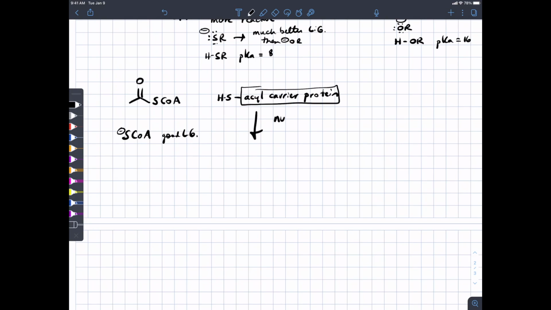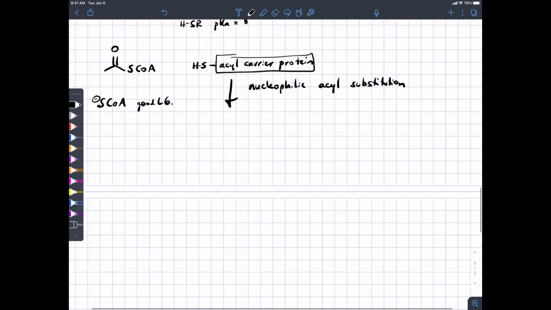This is nucleophilic acyl substitution, and I think problem 1 on your exam asked you to deal with the mechanism for this. I won't draw that mechanism in currently, and I'll use ACP to represent the acyl carrier protein. But the point is, we've just transferred the acetyl group from acetyl-CoA onto this acyl carrier protein.